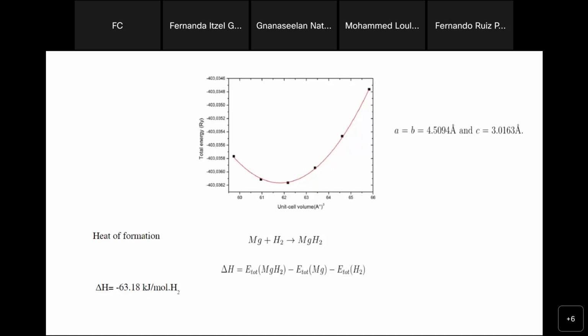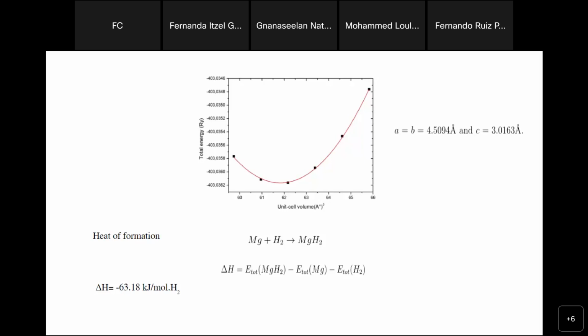And the formation enthalpy of magnesium hydride is determined by the total energy of magnesium hydride, from which we subtract the total energy of magnesium and the total energy of hydrogen.